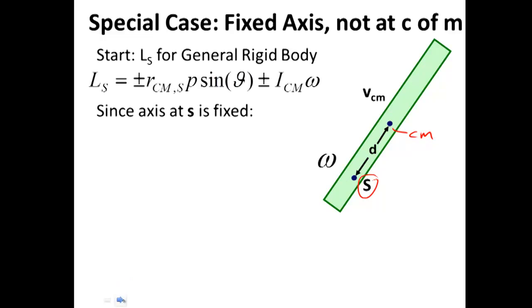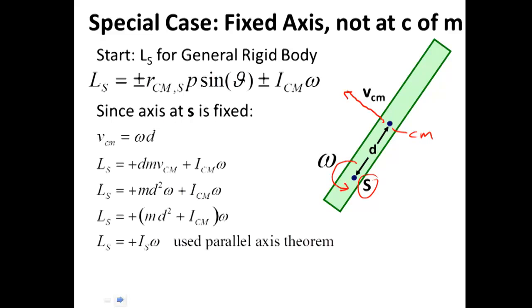Since the axis is fixed, the velocity of the center of mass is coming up here like this, and it's equal to omega, the rotation rate about there, times this distance d. So that can be substituted into the formula for the momentum, which is m times the velocity of the center of mass. And so we have the term d m times v center of mass.